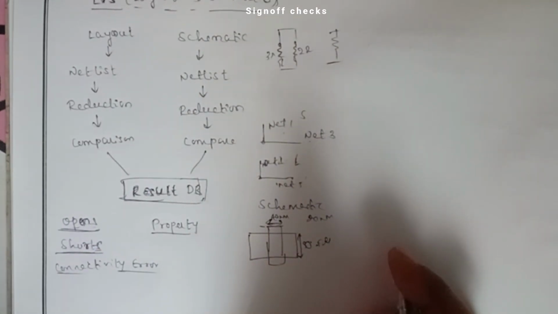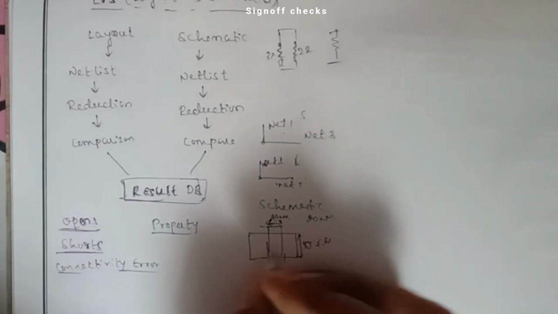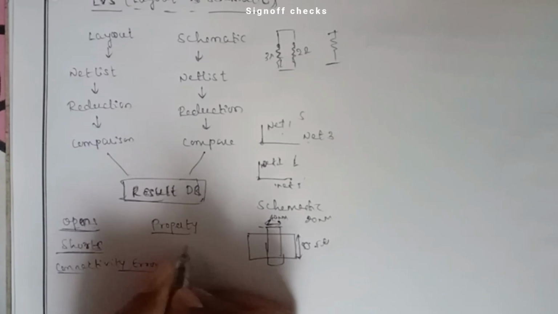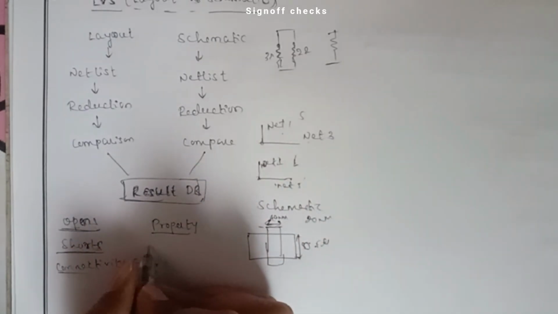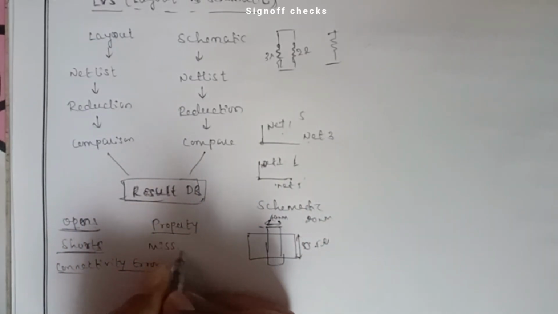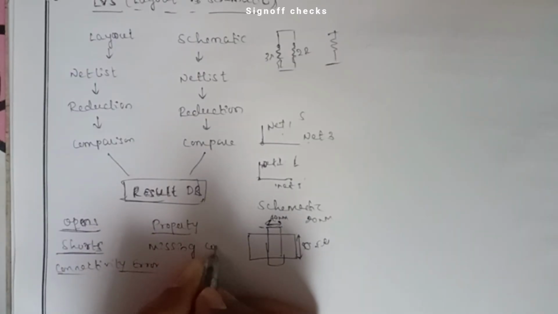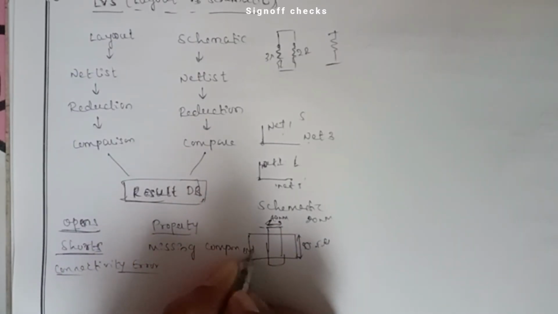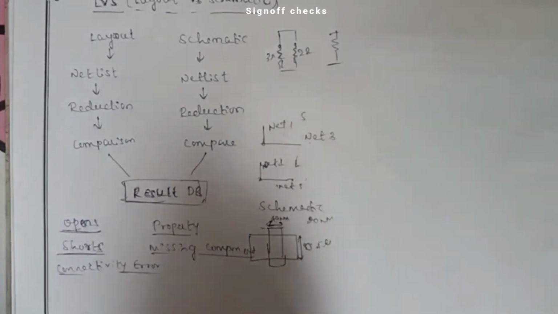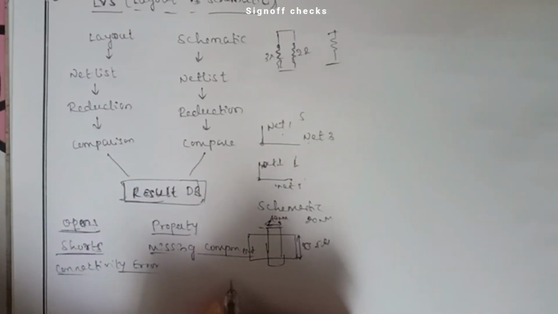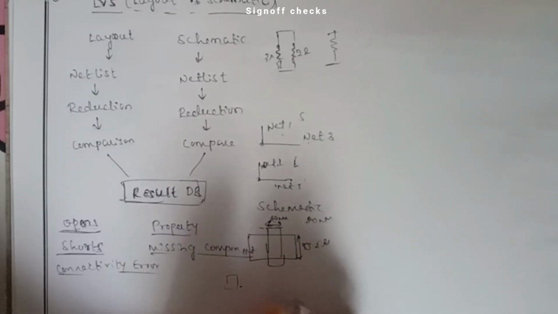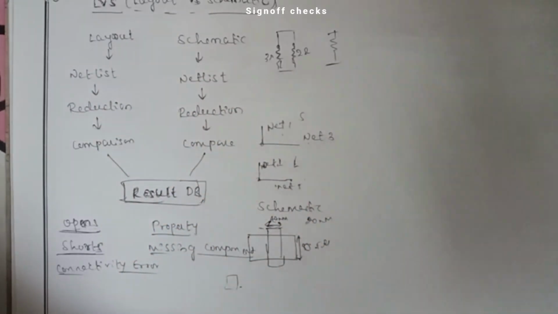And also it may throw some missing component. Missing components, okay, missing component is a different thing. Missing component is when, the best example is a dummy. If we want to overcome the LD effects, we normally add dummies.